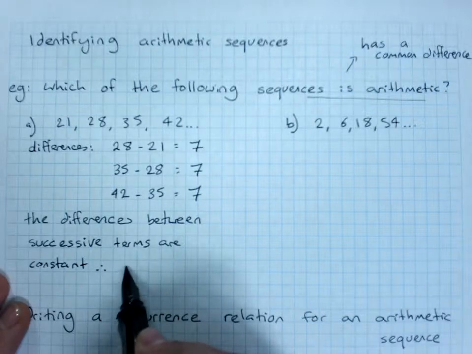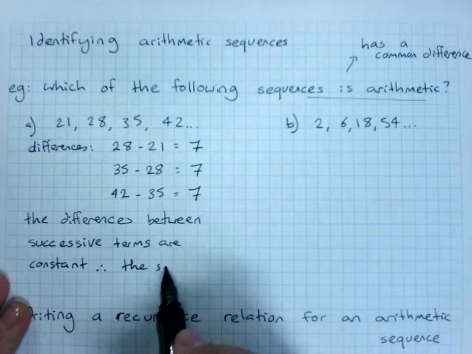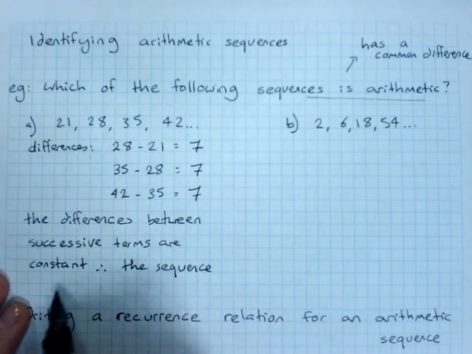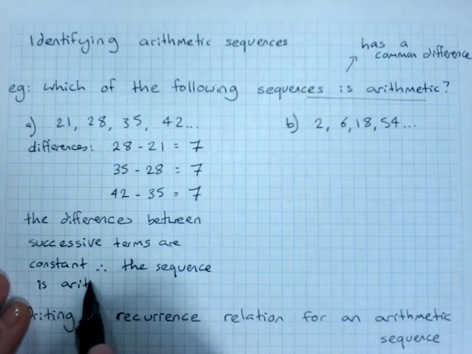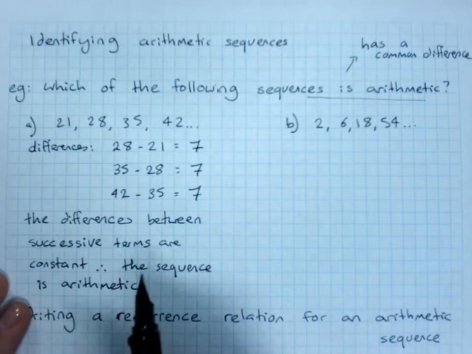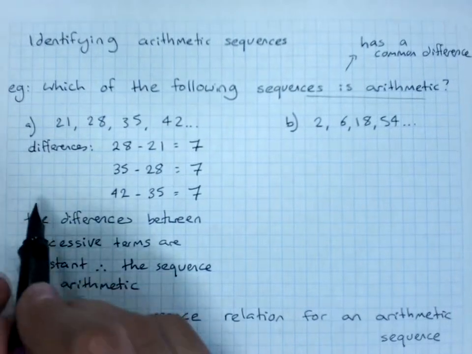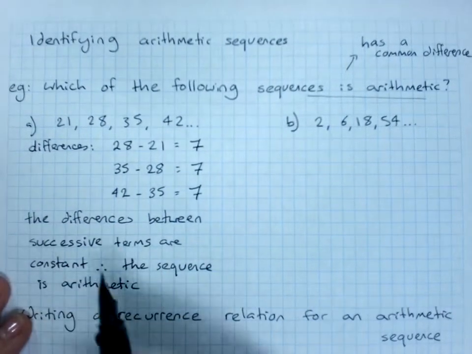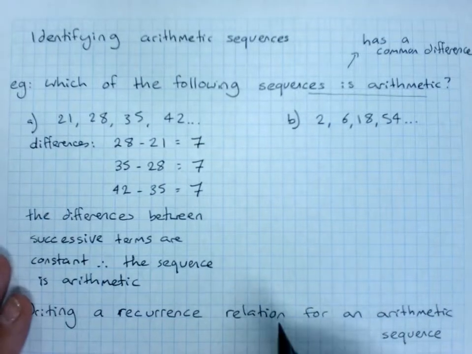Therefore, the sequence is arithmetic. You could also get away with saying D equals 7, therefore arithmetic sequence. That would be fine too.